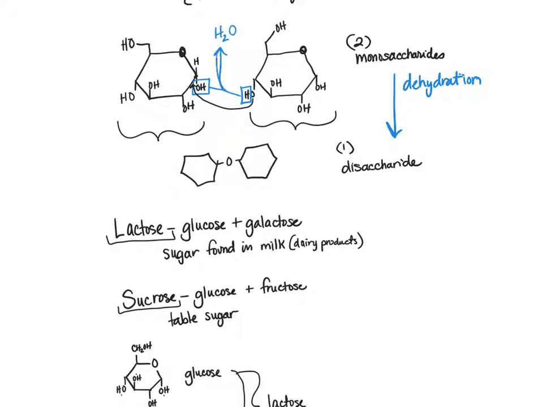So we lose water in the process and we end up with our disaccharide. On the other hand, if we want to take our disaccharide, our complex molecule, and break it down into monosaccharides, then this would be our hydrolysis reaction.